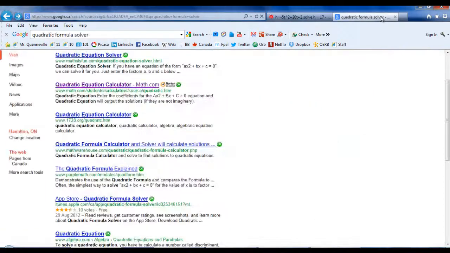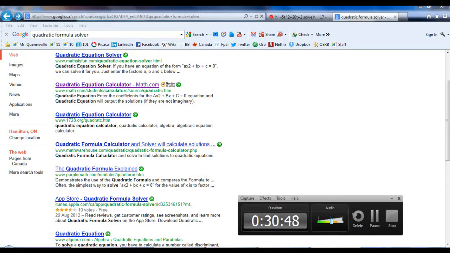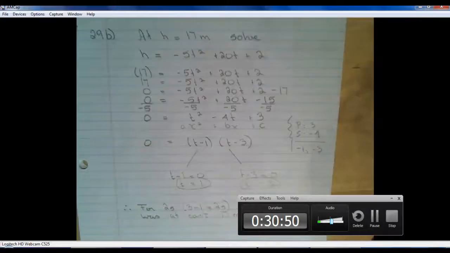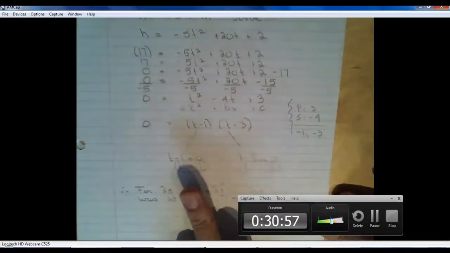Another thing you can do is we use the quadratic formula in this question, right? We used it whenever we found our solutions in part A and in part B. Let's just go back to part B here. We found that the answers to this quadratic were 1 and 3.